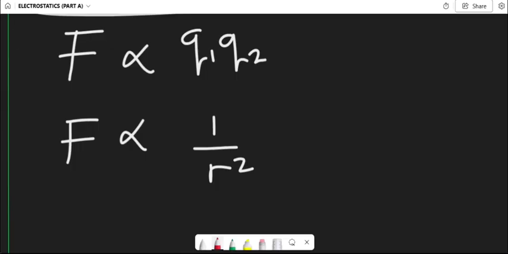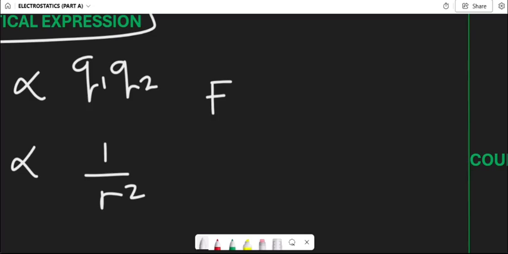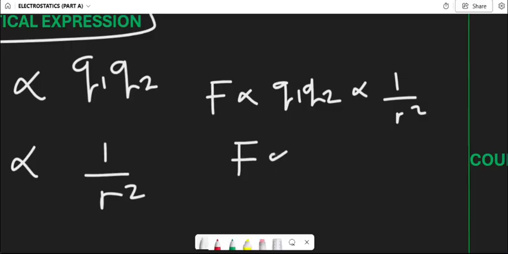Now, if you look at this law, we can try to combine them. The force of attraction or repulsion is directly proportional to the product of their charges, and that same force is inversely proportional to the square of their distances. So we can bring them together.